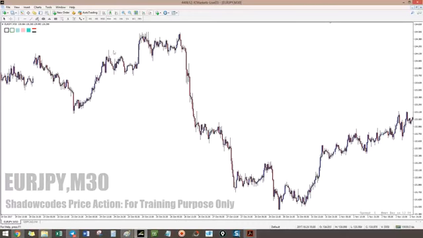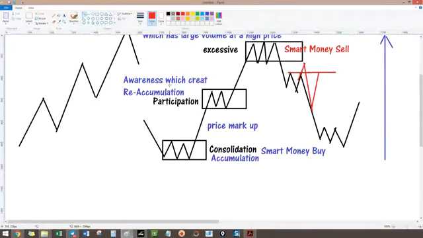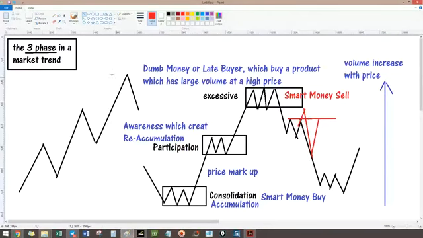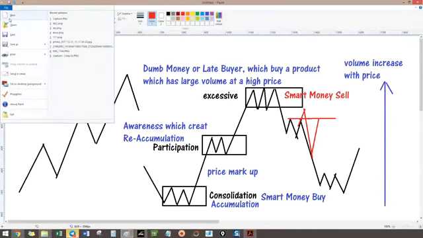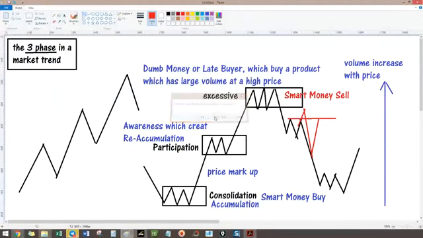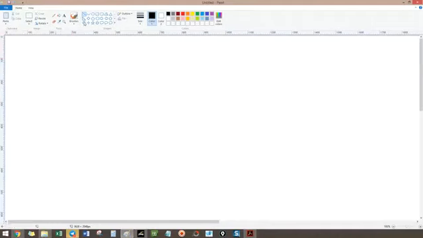All right, this is a good one. I need to draw another one, I think. File, new, don't save. So in the uptrend, you will find something like this.